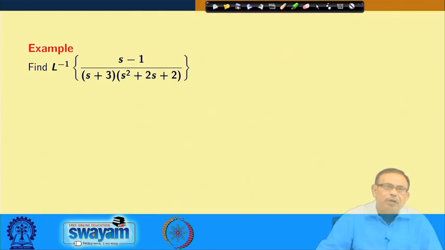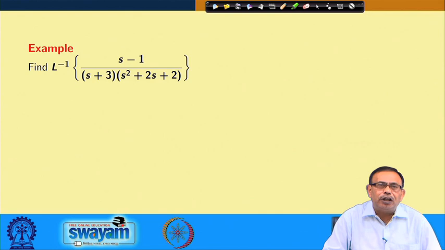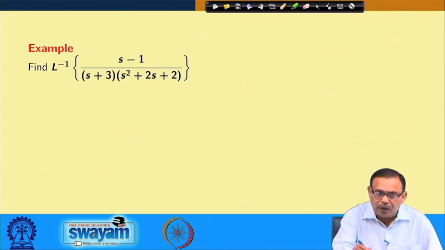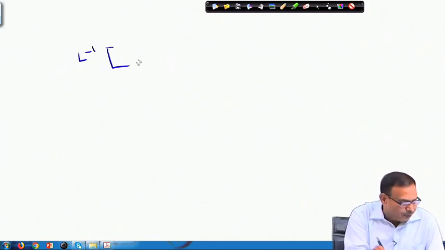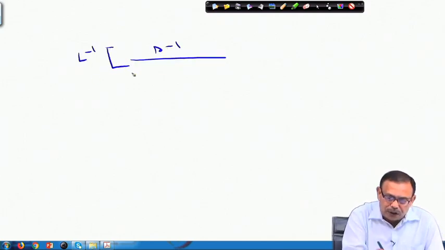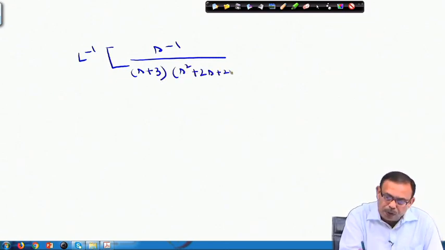My next example is Laplace inverse of s minus 1 by s plus 3 into s square plus 2s plus 2. So, Laplace inverse of s minus 1 by s plus 3 into s square plus 2s plus 2.